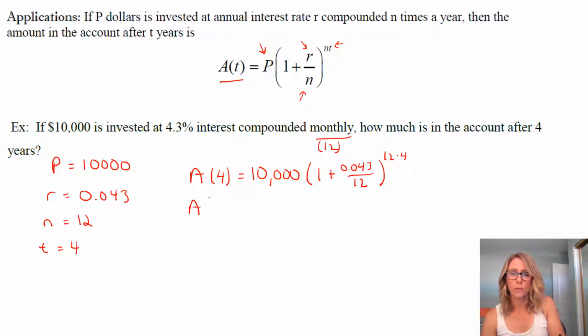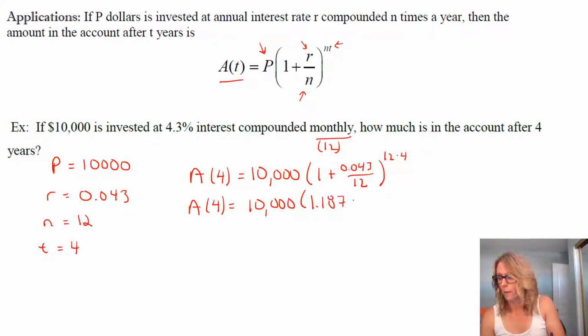So you can do this in a couple steps. At this point, it really is just plug and chug. So I'll just write that it should be 10,000 times, and if you do that piece, you can put this into your calculator all at once, it's 1.187312759, and it just keeps going and going.